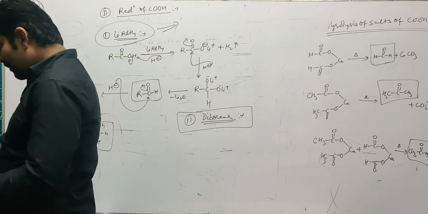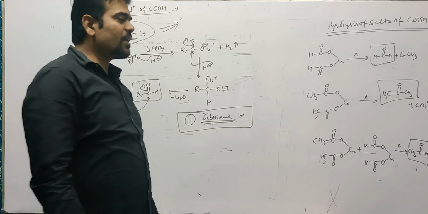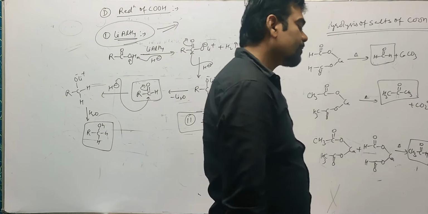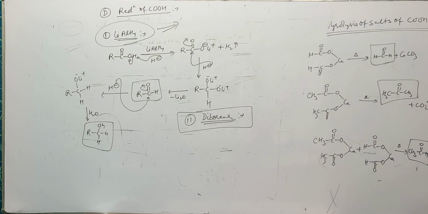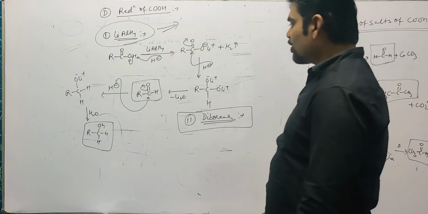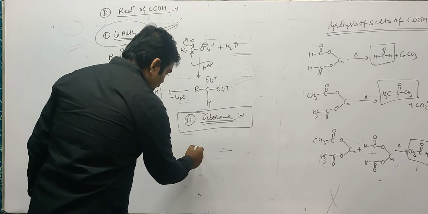So carboxylic acid can be selectively reduced by diborane, because diborane reacts faster with carboxylic acid than with ketone or nitro group or aldehyde, etc.